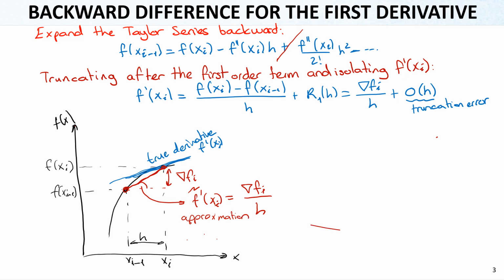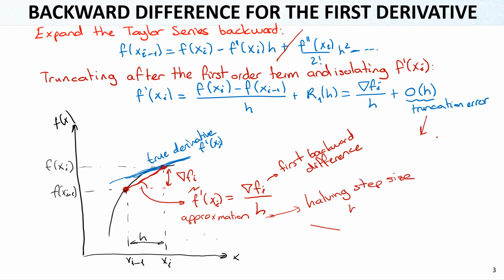And this is called the first backward difference. And because the truncation error is only linear in h, meaning halving the step size just halves the error.